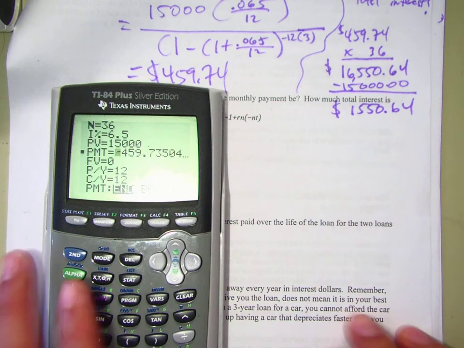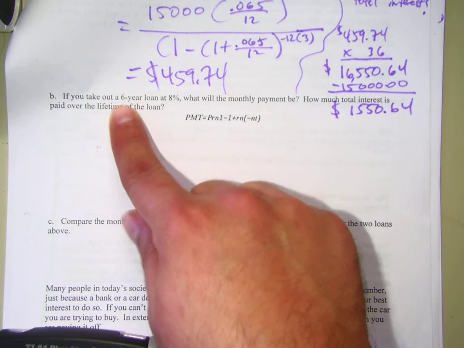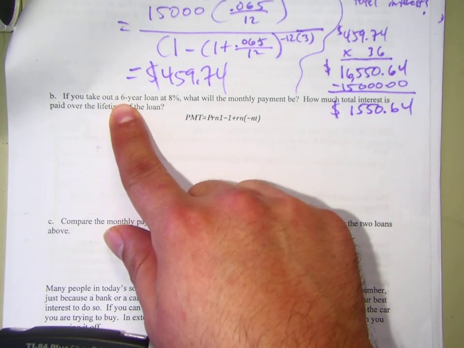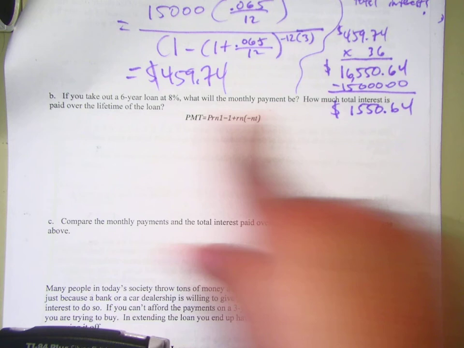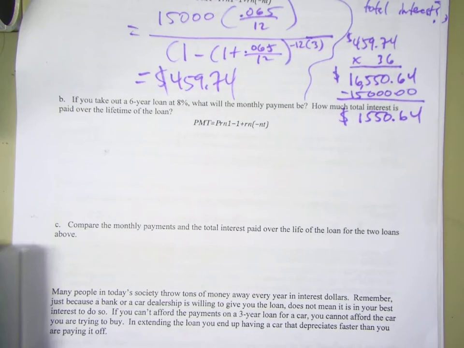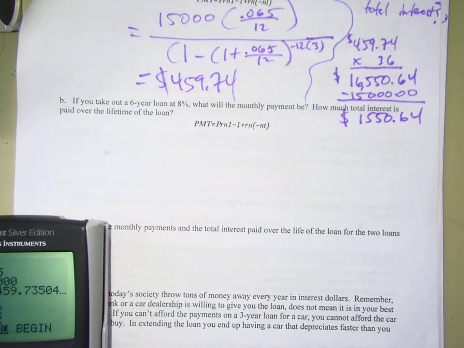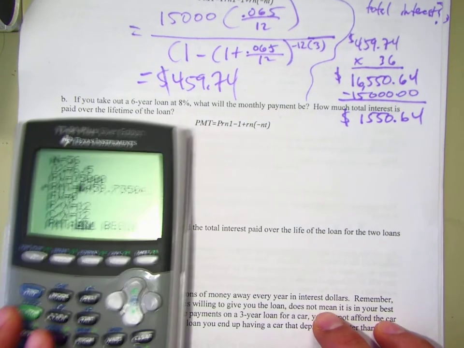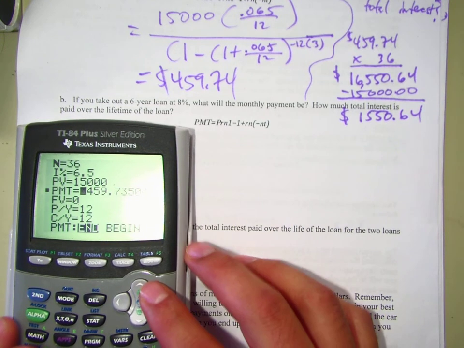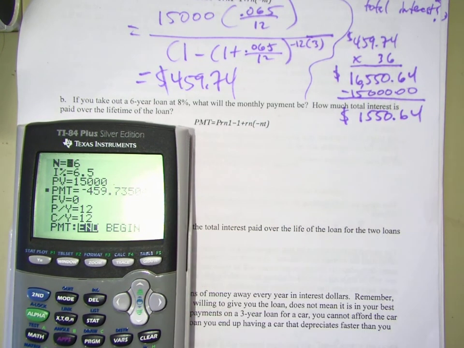B. If you take out a 6-year loan at 8%, what's the monthly payment going to be? 72. Hey, let's do it on the TVM Solver now.